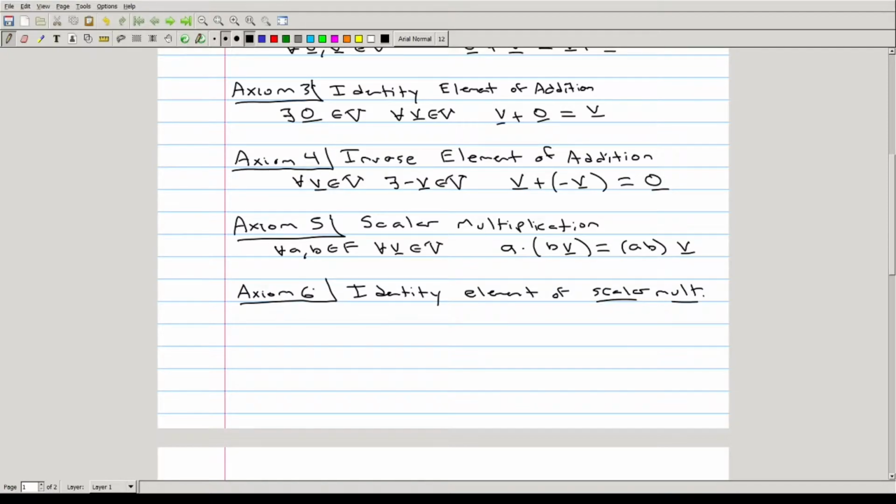And this is that we know because F is a field, there exists a multiplicative identity element in the field F, and the result of multiplying this identity element by any vector in V will give us the vector v itself. So any vector is unaffected by taking the identity element in the field and multiplying it by a vector.